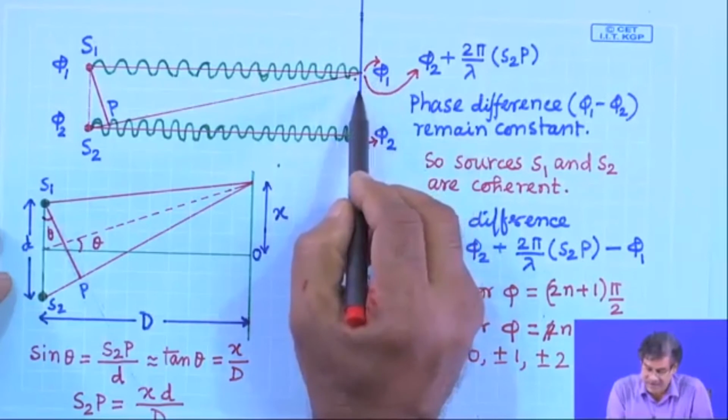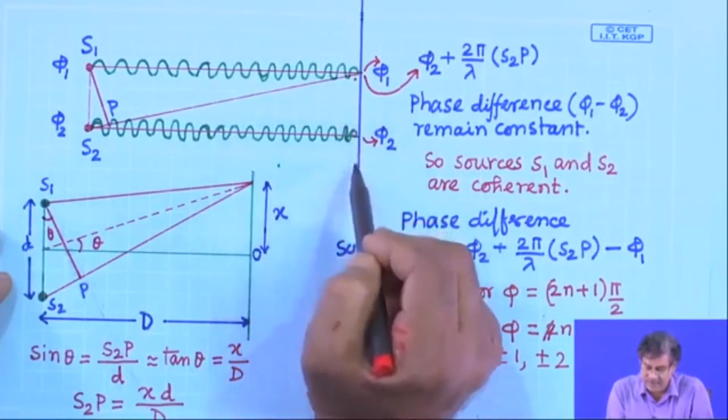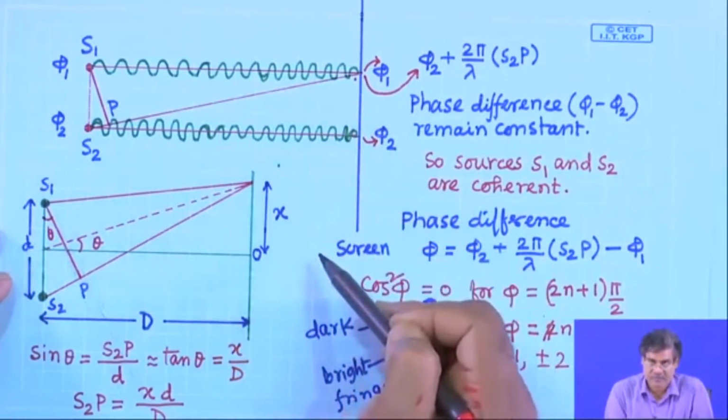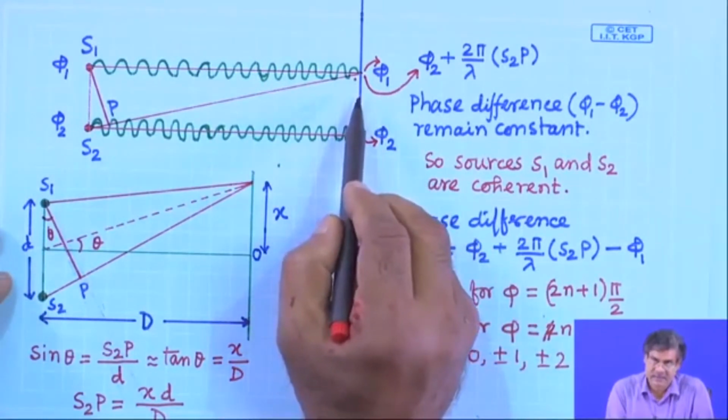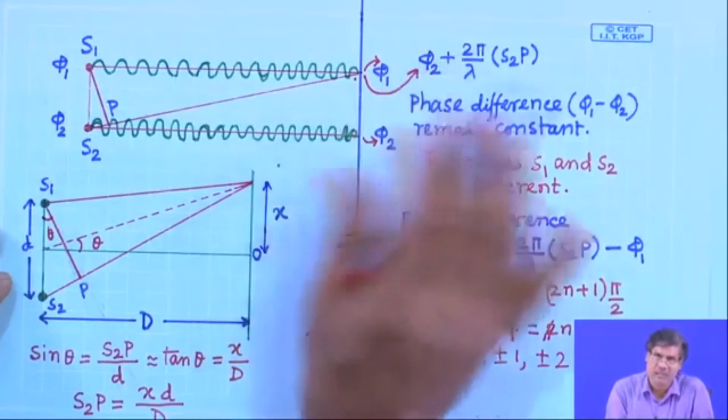So, phase differences vary in space, but at each place it will remain constant for all time.